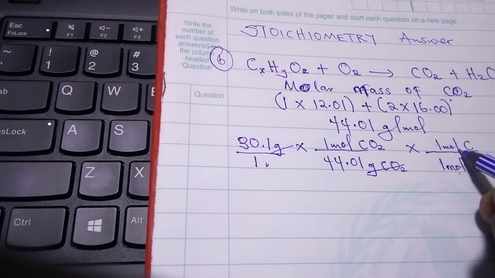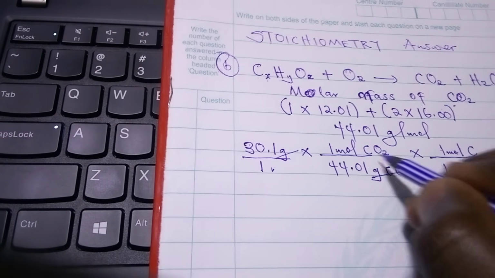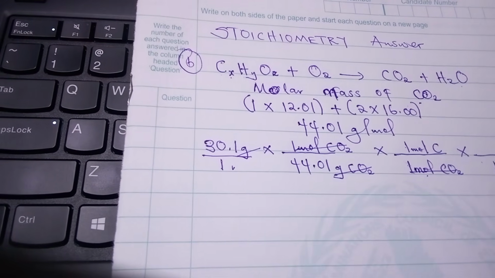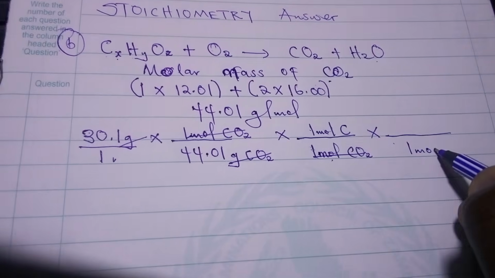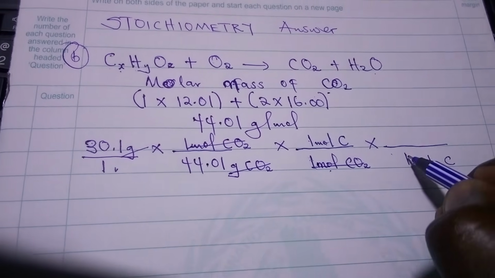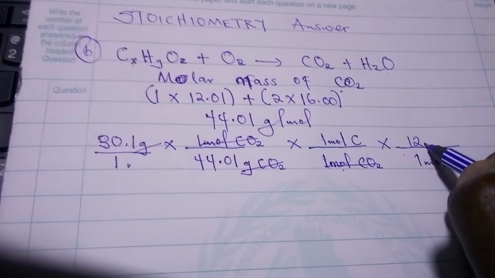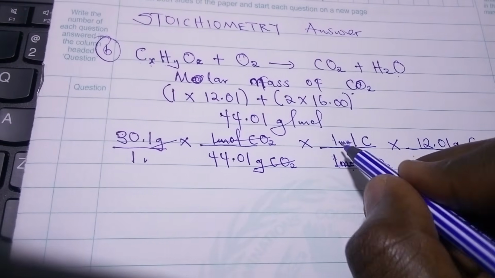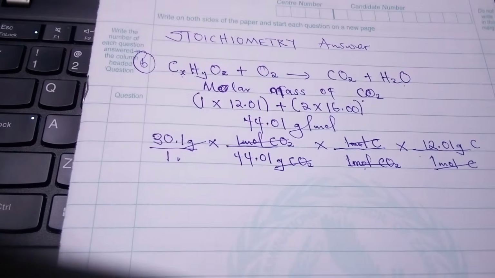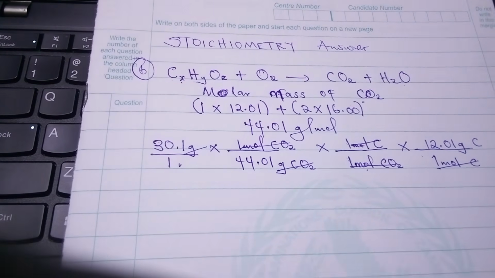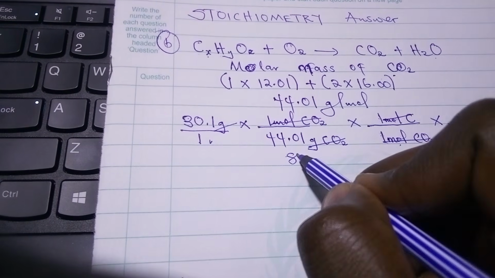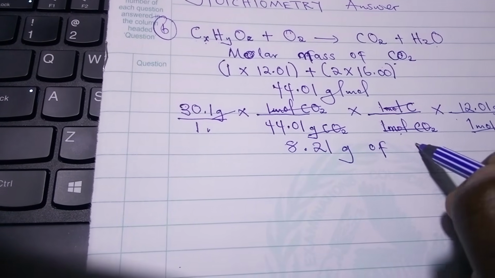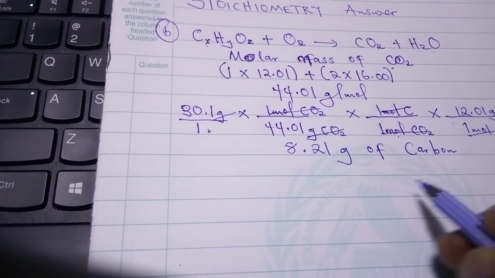The units cancel, and when you punch everything on the calculator, you are going to obtain 8.21 grams of carbon.